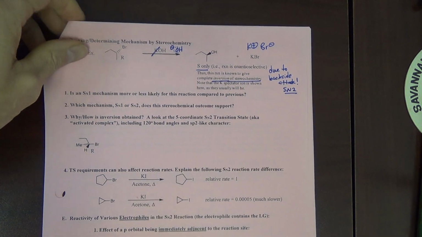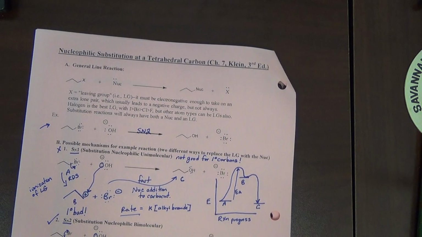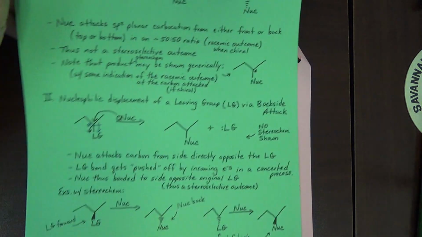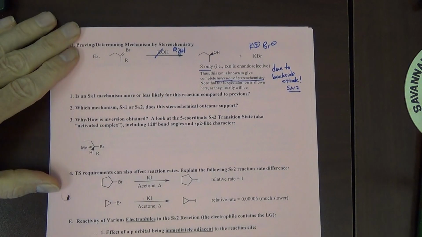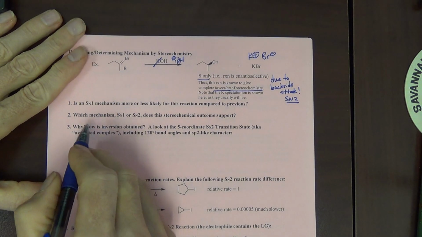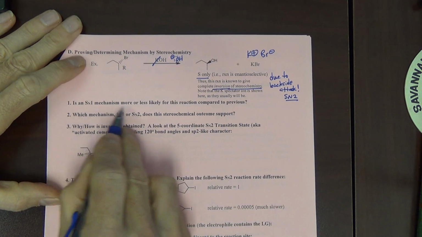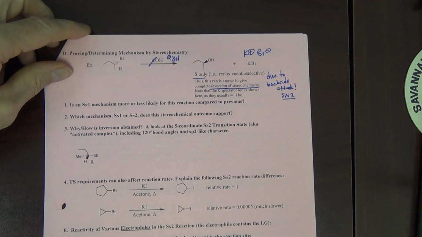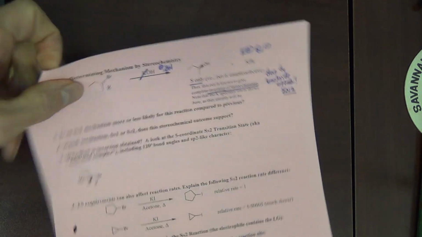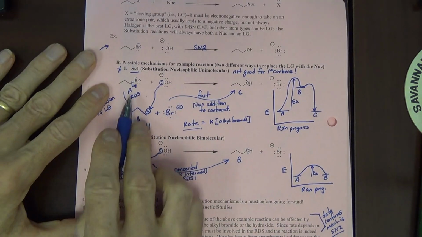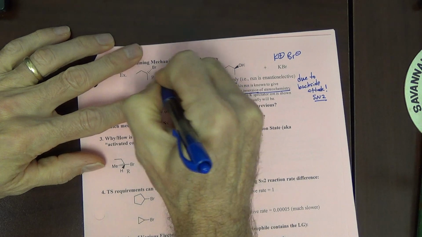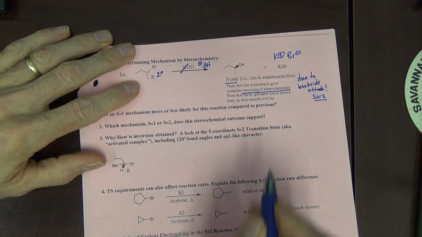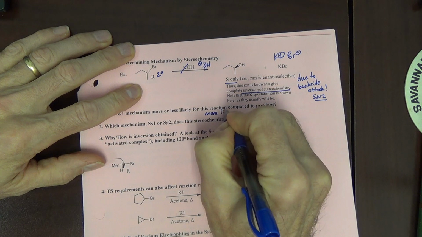And so the setup is a little bit given away because of the knowledge you have already. But let's just answer this question. Is an SN1 mechanism more or less likely compared to previous? The previous was a primary alkyl halide. This is a secondary alkyl halide. Well, it's more likely.